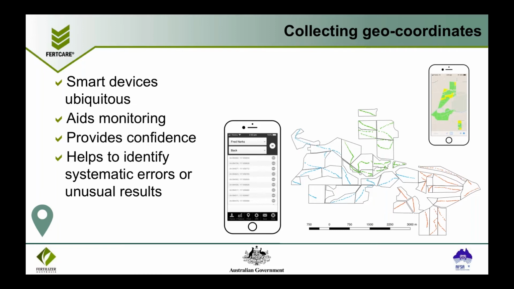It provides confidence that we're following previous transects, collecting a representative sample, and that we're good to go with monitoring. It may also be useful, from a company perspective or from your own perspective, to identify systematic errors or unusual results. So I think it's a worthwhile thing to add to the standards.